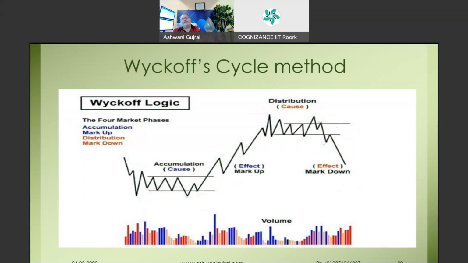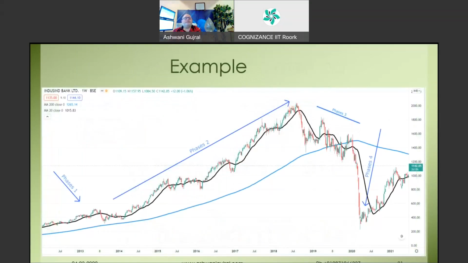The first phase is the accumulation phase, then you have the markup phase, the third phase is the distribution phase, and the fourth phase is the markdown phase. If you apply it to an individual stock, this is how these different phases look. In the first part, you can see accumulation.